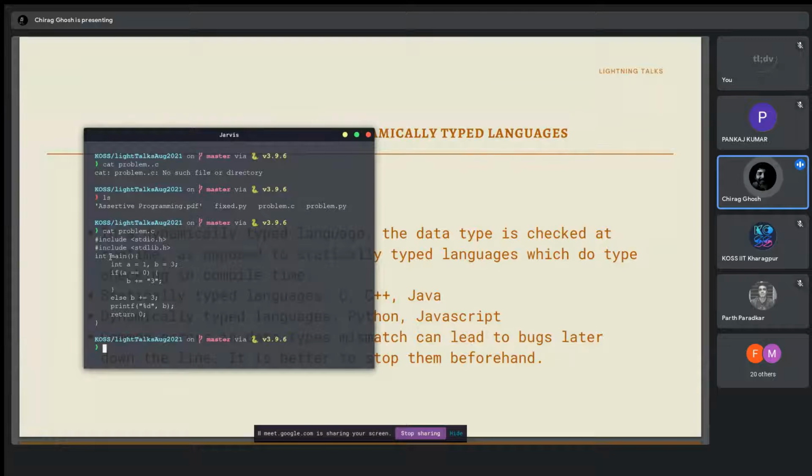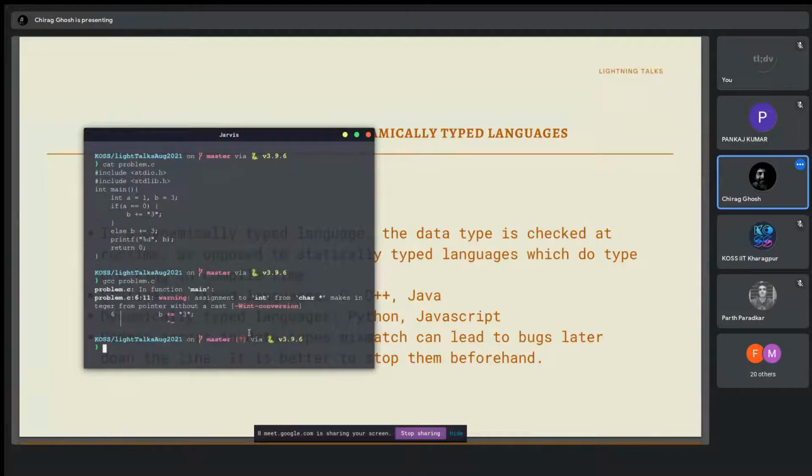I have not used the C and D variables and all. Now, if I try to compile it, we get a warning that we are doing a typecasting which is not explicitly determined, something like that. We get a warning that something is wrong, like we don't get in Python.